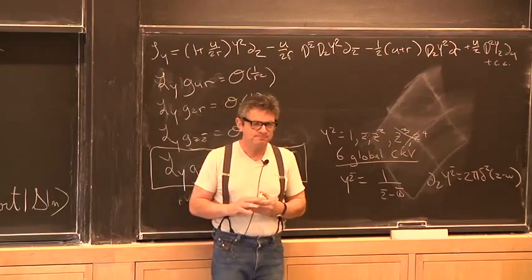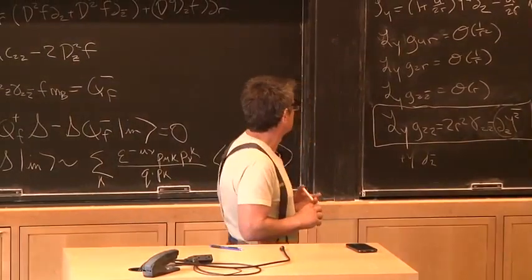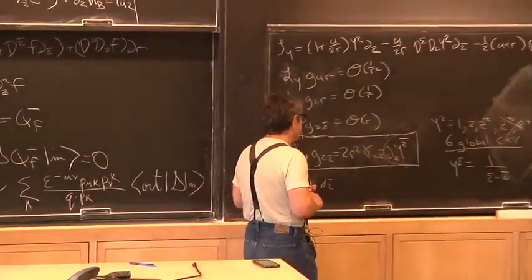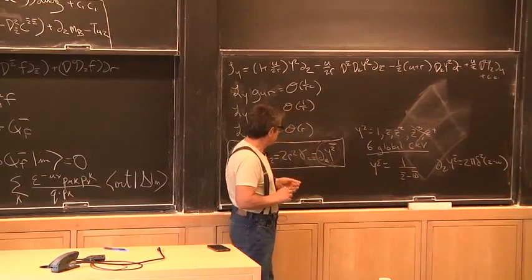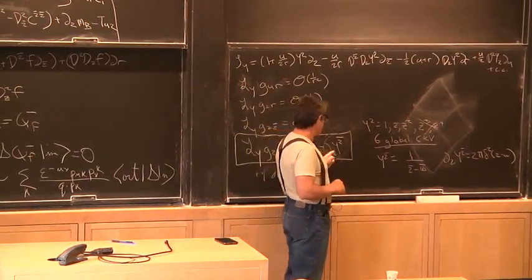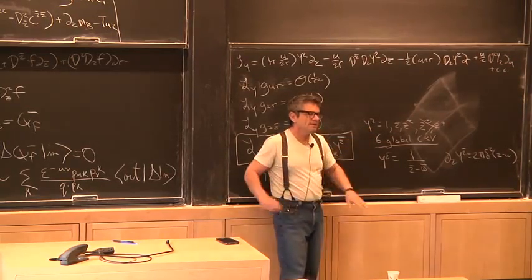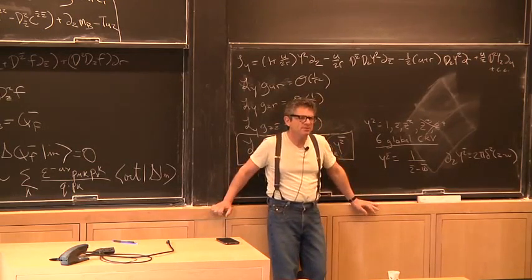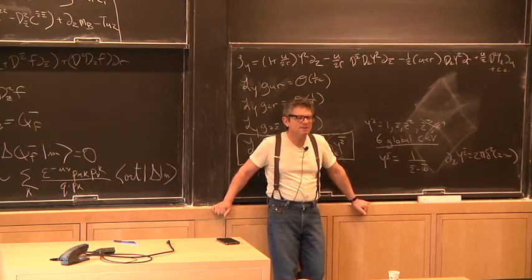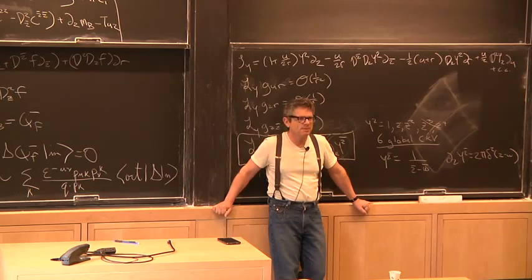Now, what BMS did was they just took the global ones, and then they constructed what was later called the BMS group, which is a semi-direct product of the Lorentz group with the supertranslation group.